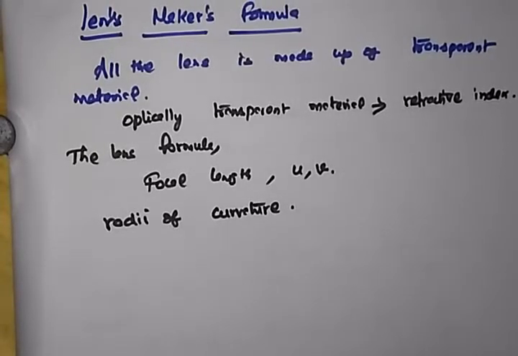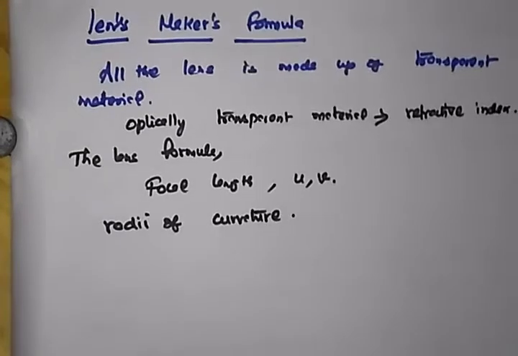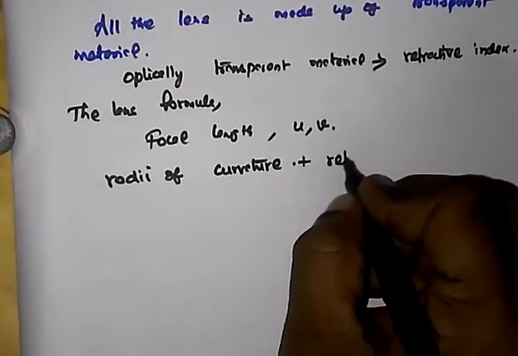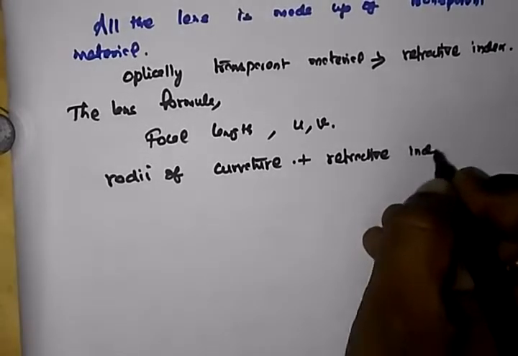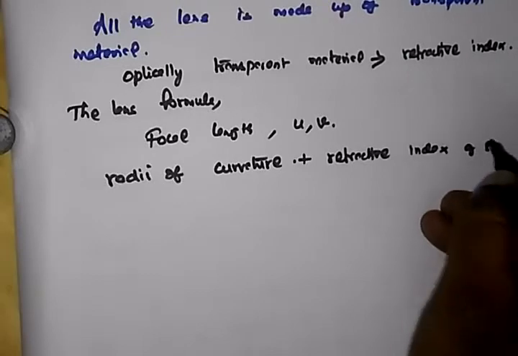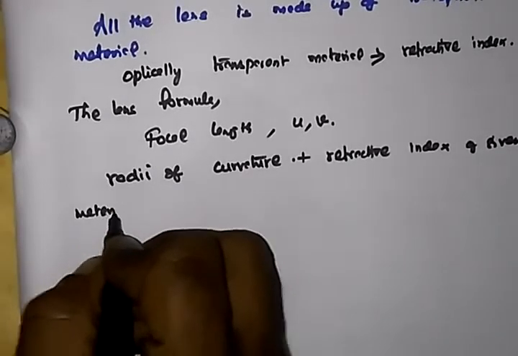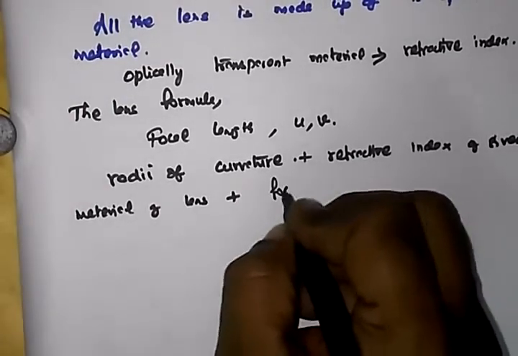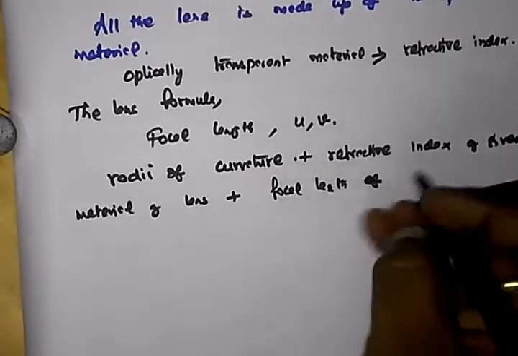A lens maker should know the radii of curvature, the refractive index of the material of the lens, and the focal length of the lens.